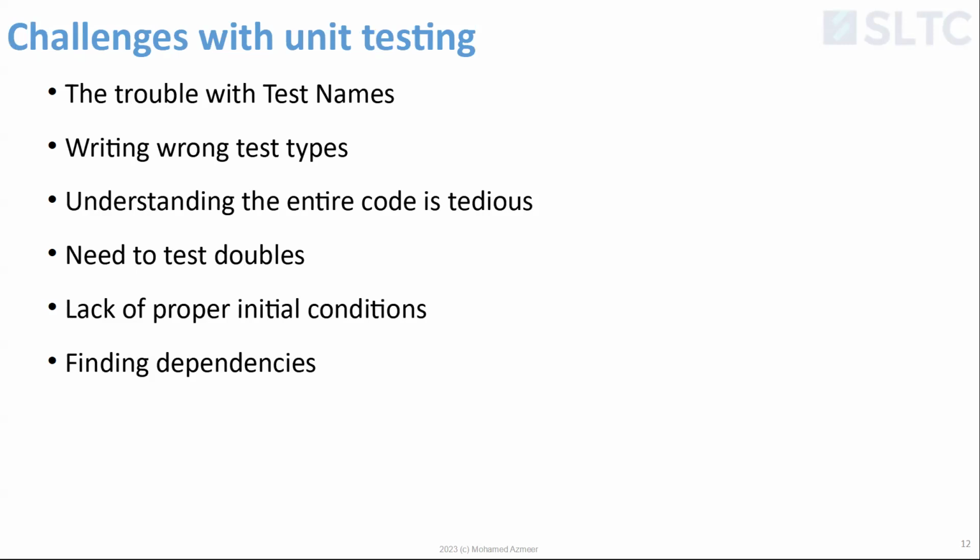Now, unit testing is good, but there are also certain challenges with unit testing. Number one, if you notice last time, we had to come up with names for test cases, right? Generally, we take the function name and then add the word test in front of that.